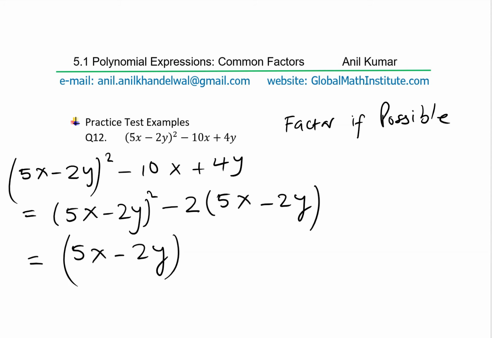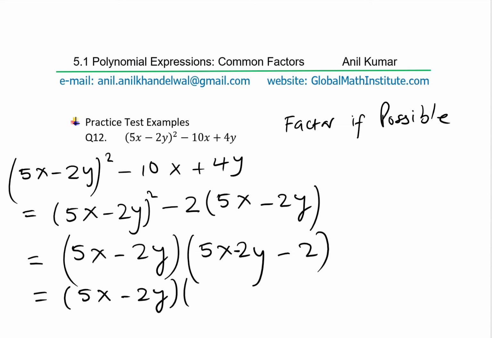Perfect. So when 5x minus 2y is a common factor, in the first term you are left with 5x minus 2y since it's a square, and the second term with minus 2. Perfect. So we get our answer, which is (5x minus 2y) times (5x minus 2y minus 2). So that is your final answer.